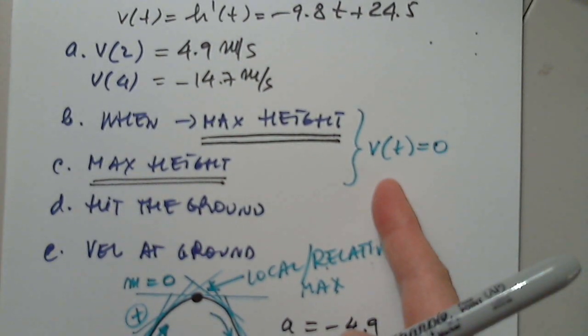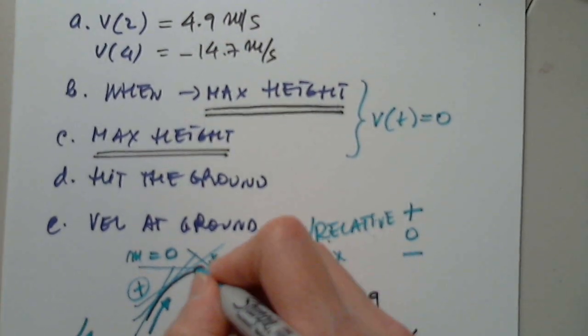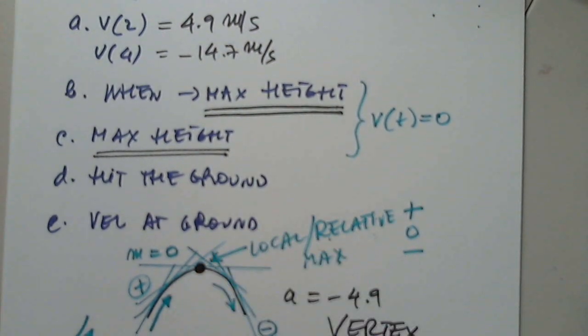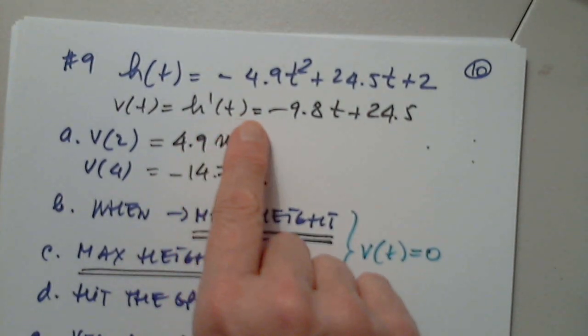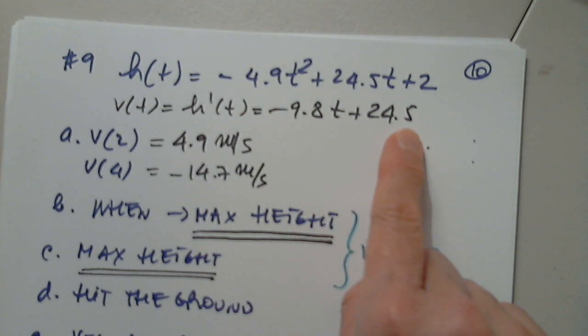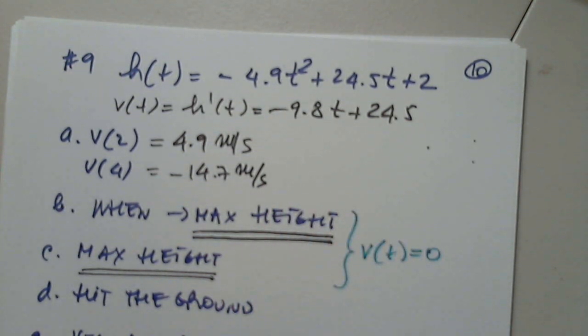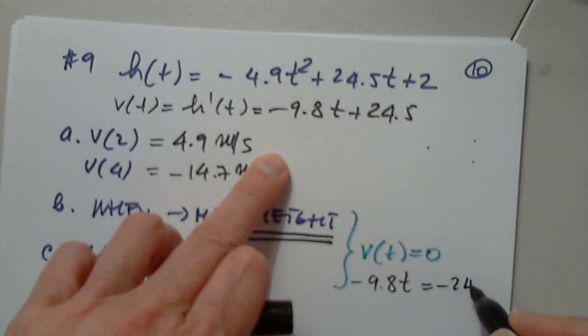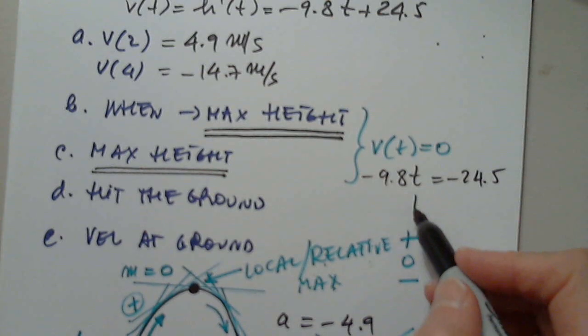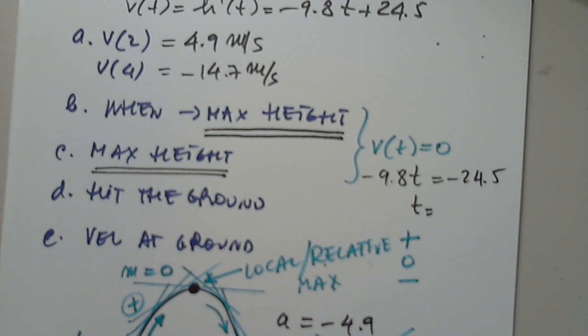When we set the derivative equal to 0, we will be able to identify this point. No longer needed is the algebra that we know from a long time ago of finding the vertex. So here is our velocity. We're going to set it equal to 0, which means negative 9.8 t equals negative 24.5, and divide 24.5 by 9.8.